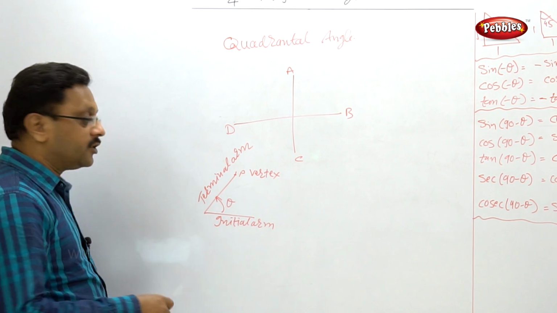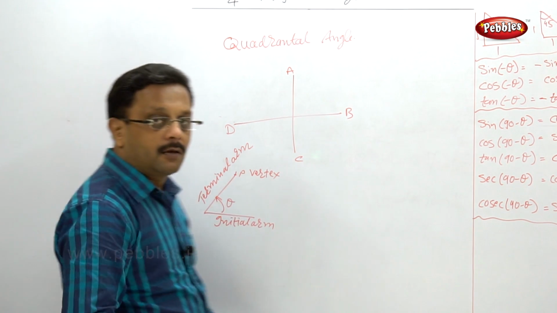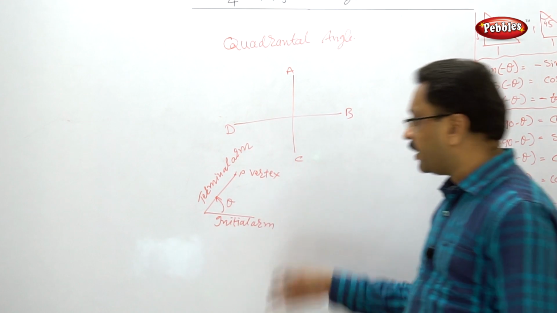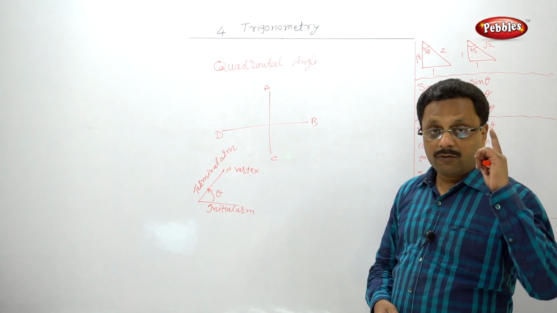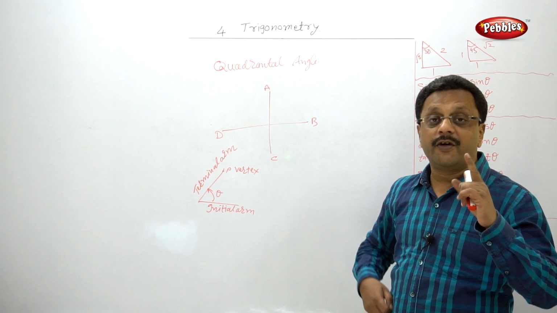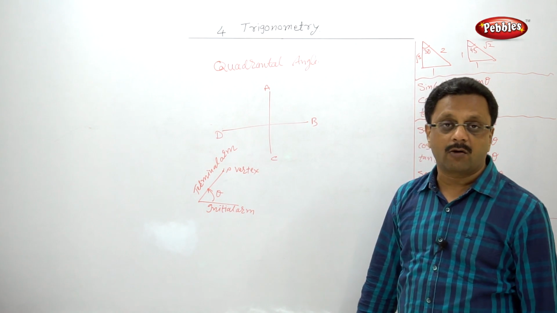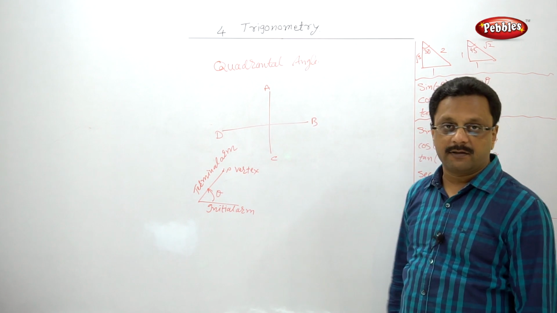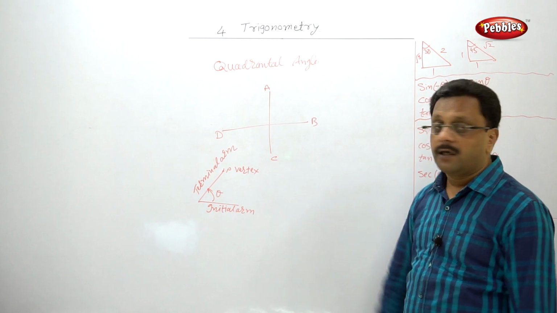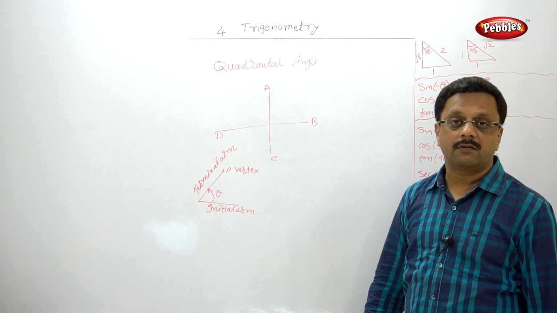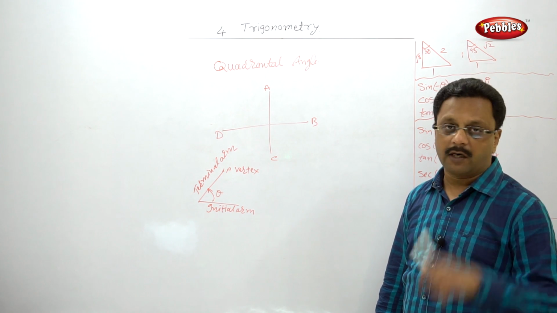Okay, if the angle is negative, terminal arm will go in negative direction. Now the angles of which vertex lies on x and y axis are called as quadrantal angles. This may be there in the fill in the blanks or answer in one sentence for 1 mark.